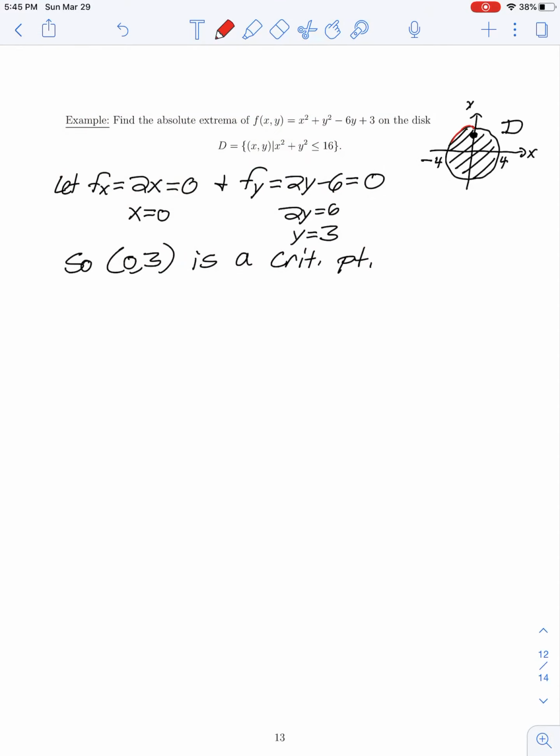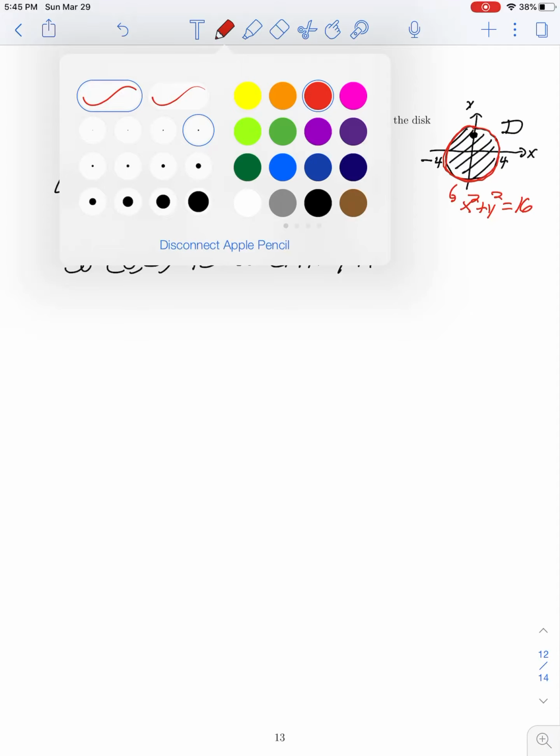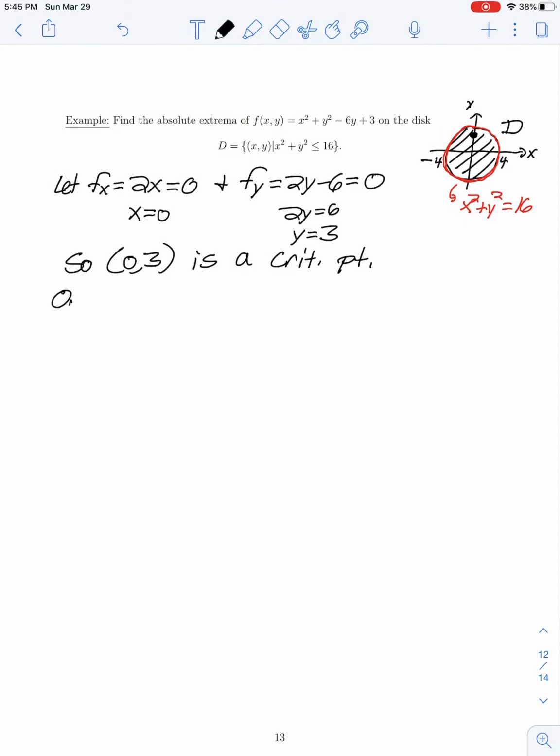Now, once we find our critical points within our set D, we need to look at the boundary. So in this problem, the boundary of our disk would be the circle centered at the origin of radius 4. And the equation of that circle is given by x squared plus y squared is equal to 16.